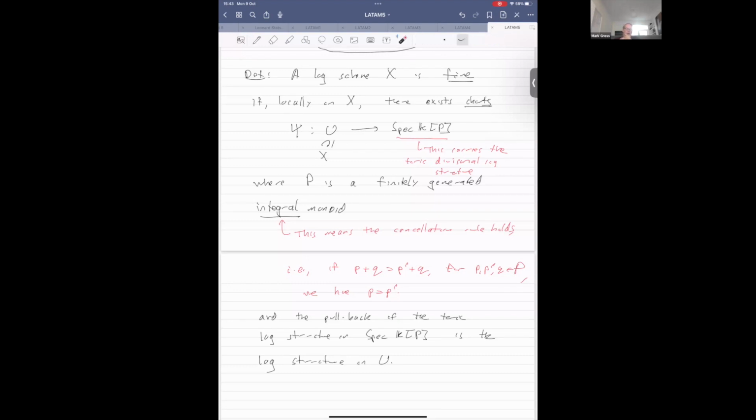So here you should think similarly. A general log scheme is some awful thing. There might be very little control over the sheaf of monoids on X. On the other hand, the log structures on toric varieties are very nice, well-behaved things. And so now we say a log scheme is fine if locally the log structure is pulled back from the toric variety.